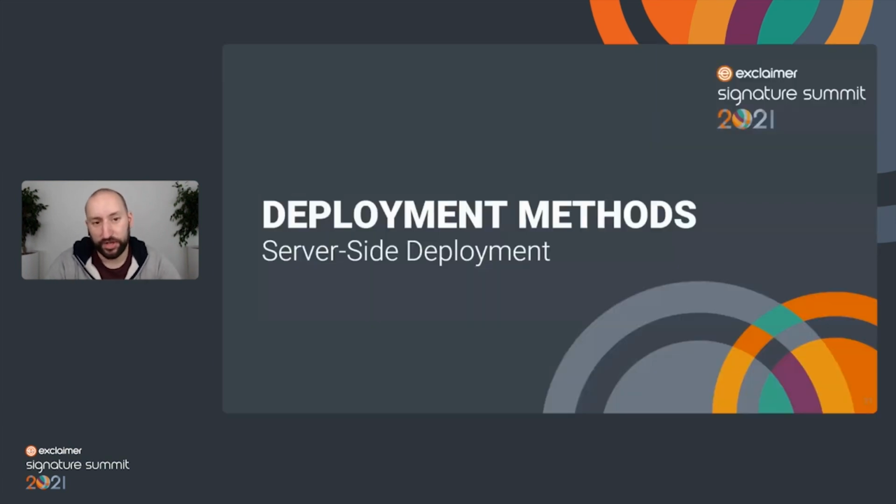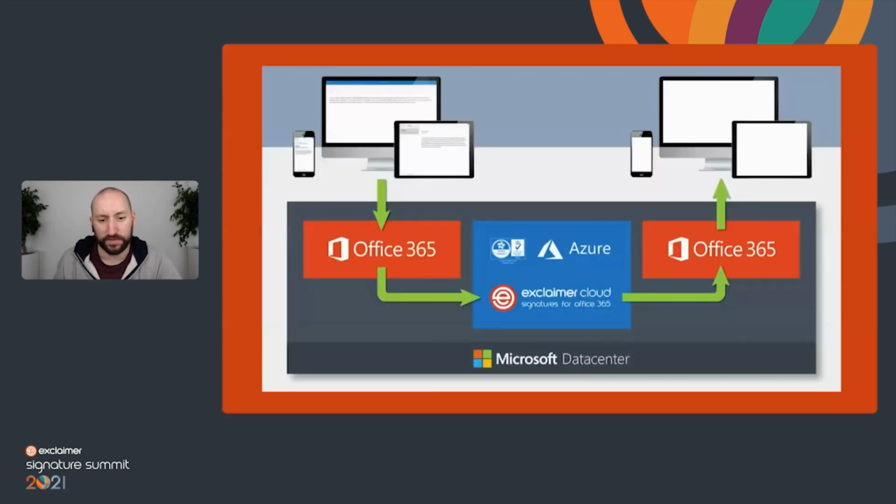So turning our attention over to the other deployment method, where client-side offers a very traditional experience, but does so in a limited scope of places, server-side is far more broad, but it is quite different in the experience it offers. Here, email signatures are still designed within the Exclaimer Cloud portal, still assigned to users, but they're not sent to the user.